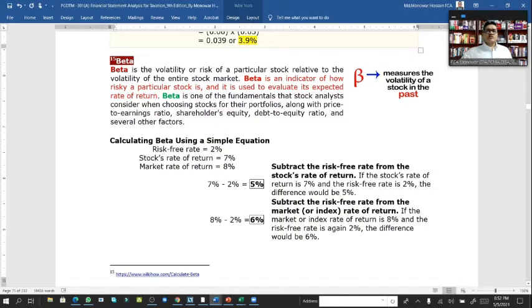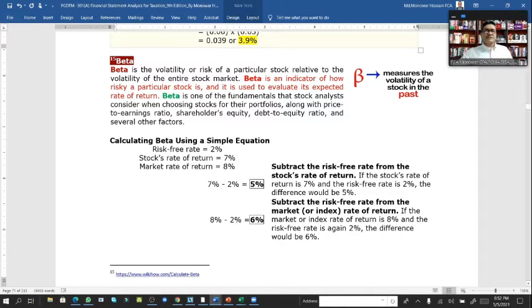And now beta. We know beta is the volatility of risk of a particular stock relative to the volatility of the entire stock market. Beta is an indicator of how risky a particular stock is, and it is used to evaluate the expected rate of return. Beta is one of the fundamentals in stock analysis when choosing a stock for a portfolio, along with price to earnings ratio, shareholders' equity, debt to equity ratio, and several other factors. It is a statistical calculation.